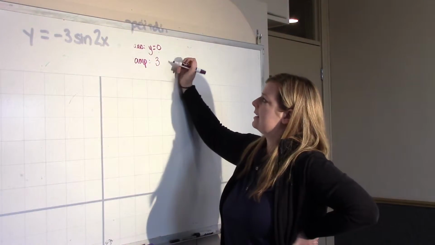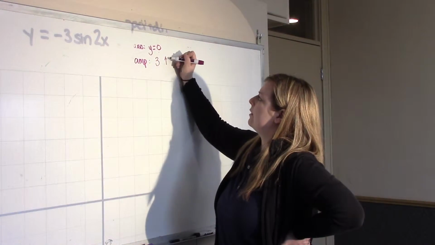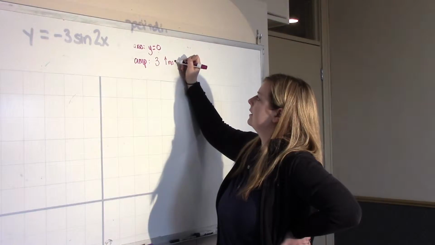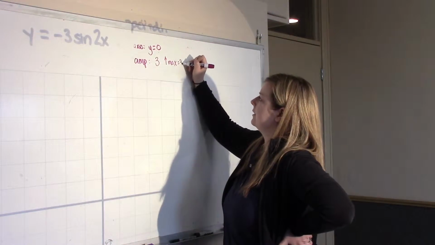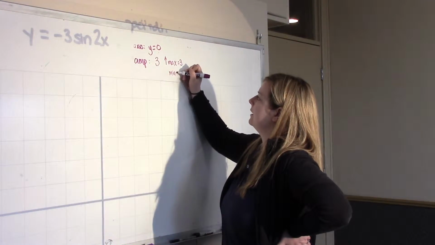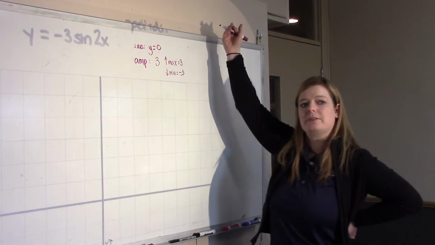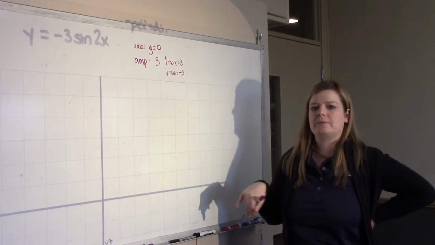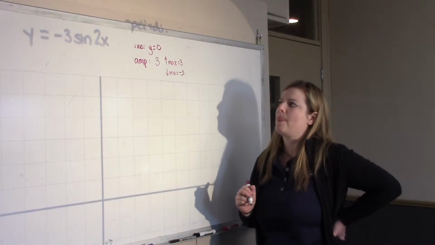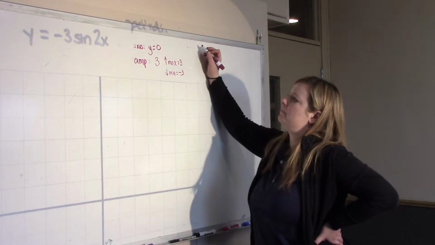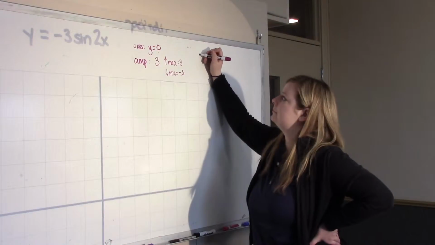So that means that the max is 3 and the min is -3, because you're going up 3 from 0 to get to your max and down 3 from 0 to get to your min.